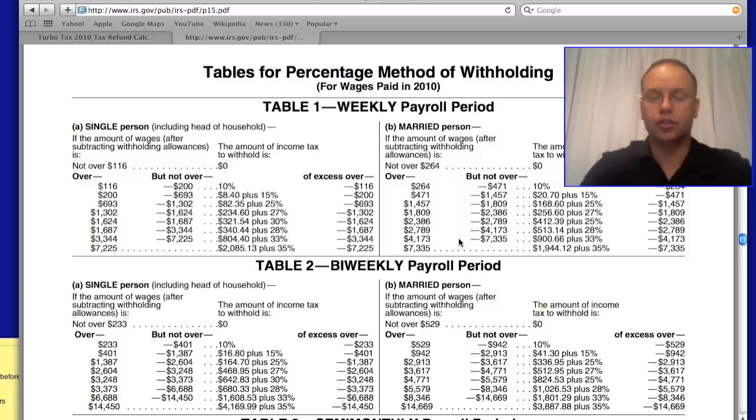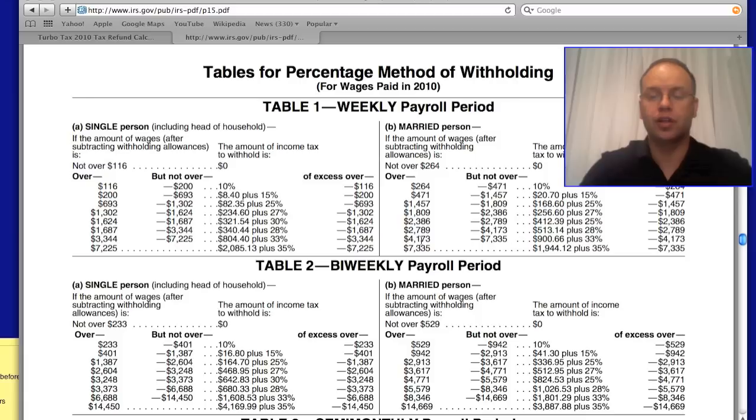And let's just say the earnings on this, you go right here to B, a married person. Their earnings were $4,000 in this range, $4,173, but not over $7,335. It's going to be $900.66 plus 33%.